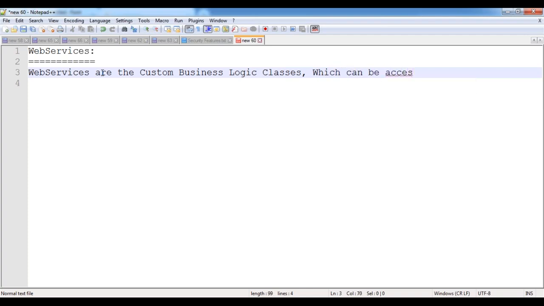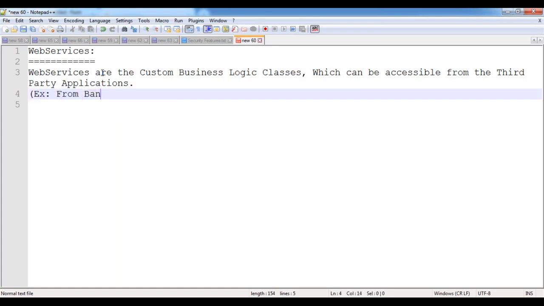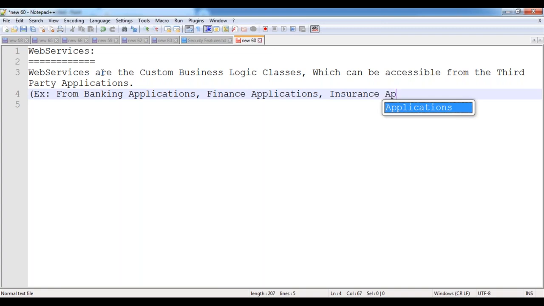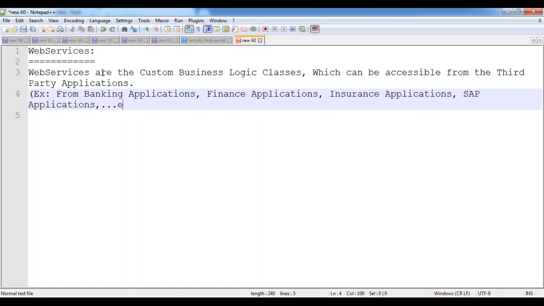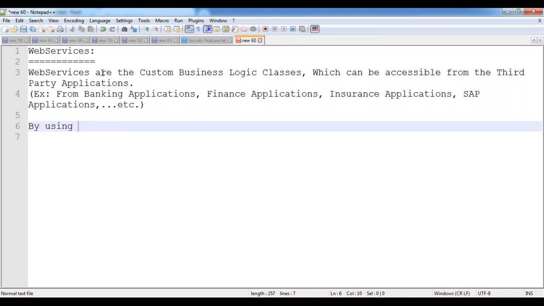The web services are custom business logic classes which can be accessible from third-party applications, such as finance applications, insurance applications, etc. They are used to provide some business logic which can be accessible from third-party applications.